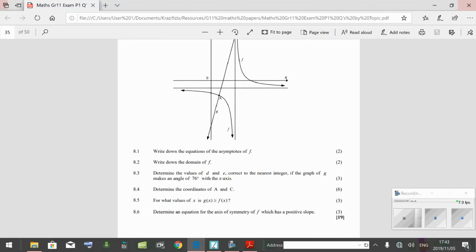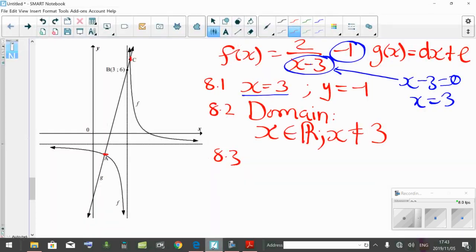Determine the values of d and e correct to the nearest integer if the graph of g makes an angle of 76 degrees with the x-axis. Now coming back to our diagram, we are told that this straight line makes an angle of 76 degrees. What does that remind you of? Takes me to paper 2, where we normally deal with analytical geometry, angle of inclination.